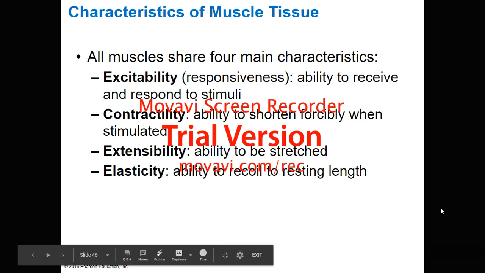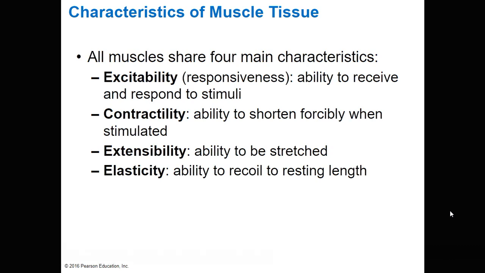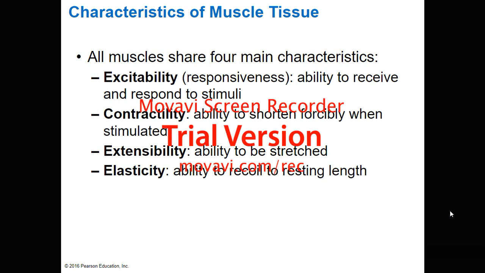All right, so characteristics of muscle tissue. All muscles share four main characteristics. They are excitable, so they can receive and respond to a stimulus by changing their membrane potential.